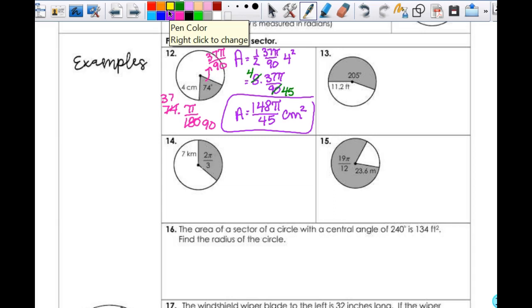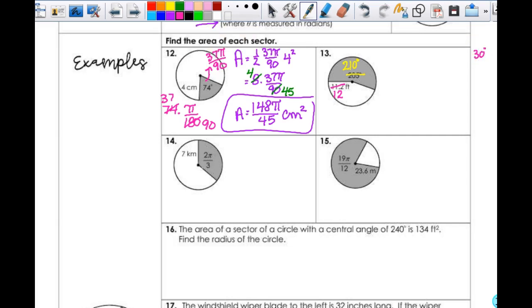All right, on number 13, we're going to make a couple of adjustments. We're going to change that 205 to 210, and we're going to change the 11.2 to 12. All right, so 210 degrees, I need radians. What is the reference angle there for 210? 30 degrees. 30 degrees is your reference angle.